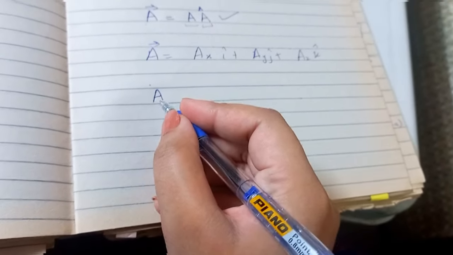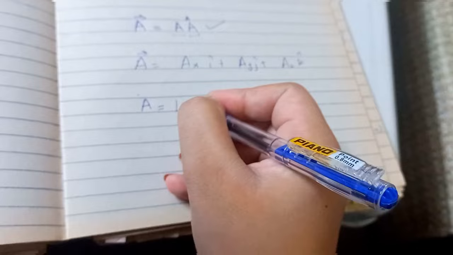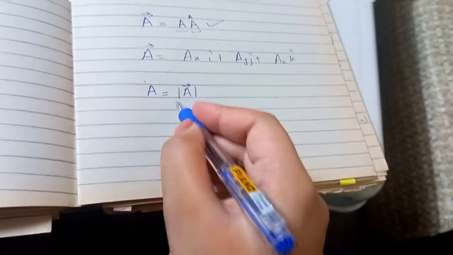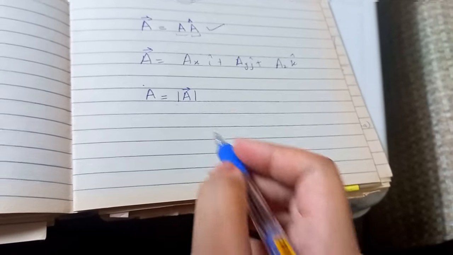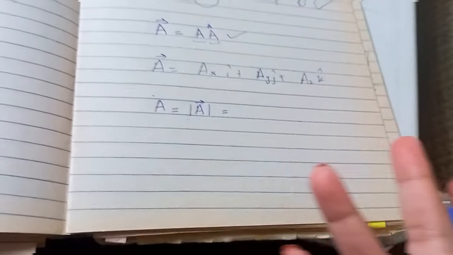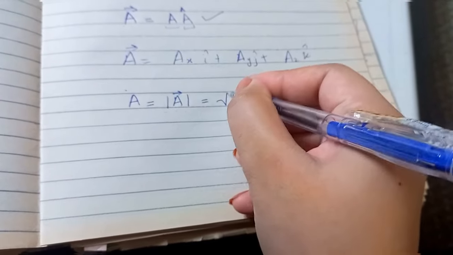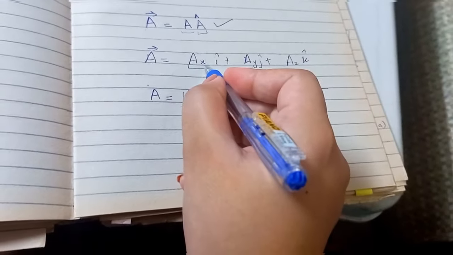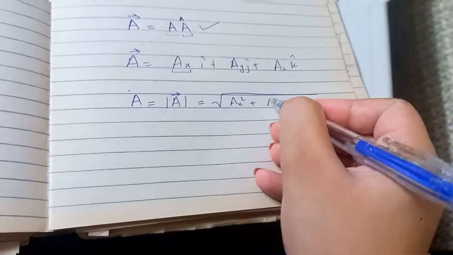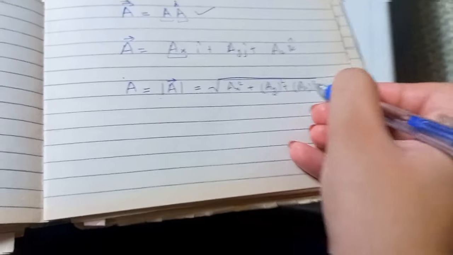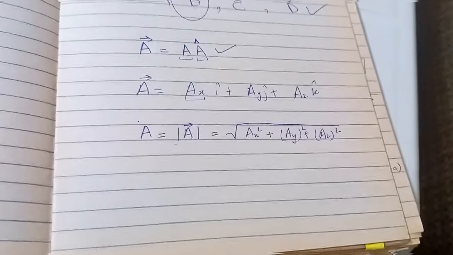If I want to find its magnitude, that is represented by A, or you can represent magnitude by this notation as well, the modulus with a vector sign, which shows the magnitude of vector A. Both denote the magnitude of vector A, which is given by the square root of ax squared plus ay squared plus az squared. This gives the magnitude of the vector.